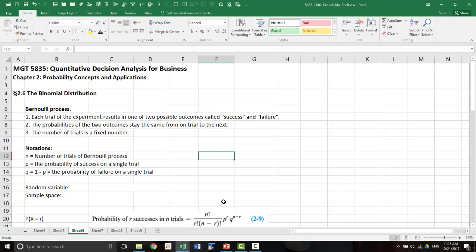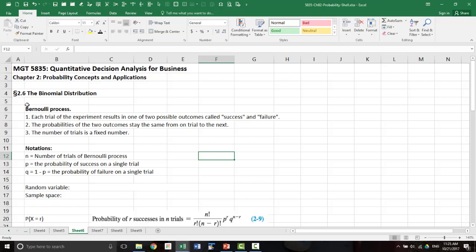So success is a placeholder for the outcome that we are interested in. And q is going to be 1 minus p, because there are only two possible outcomes and the sample space has only two outcomes. If one probability is p, the other has to be a number such that the sum of the two equals 1, and therefore q has to be 1 minus p.